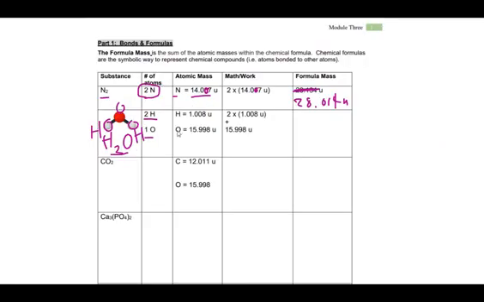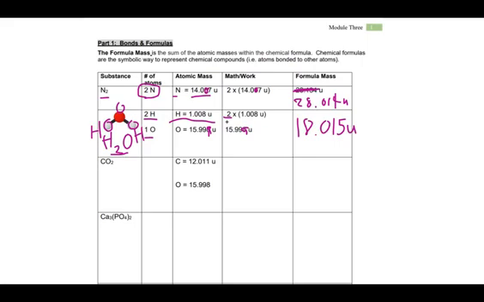So this is what one hydrogen is. I need two hydrogens. So I'm going to say 2 times 1.008. And I'm going to add that to my one oxygen, 15.999.